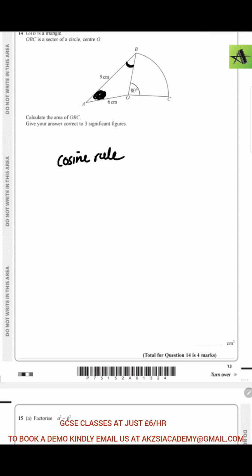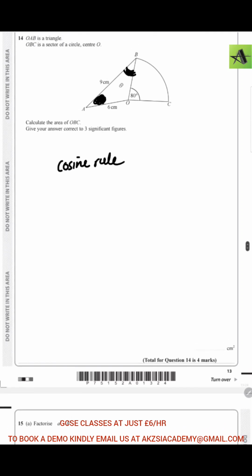So if this angle is not given, and instead this angle is given, then we will go for sine rule. So you have to keep in mind that when three sides are given and you have to calculate an angle, or two sides and an included angle are given and you have to calculate the third side, we always go for cosine rule.